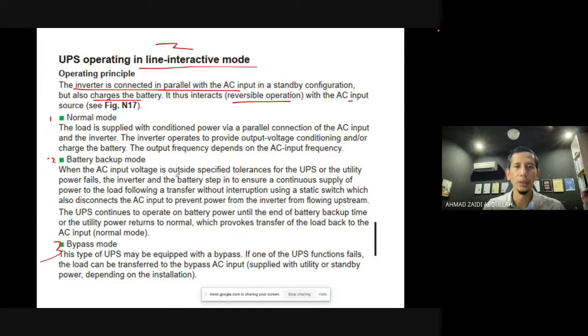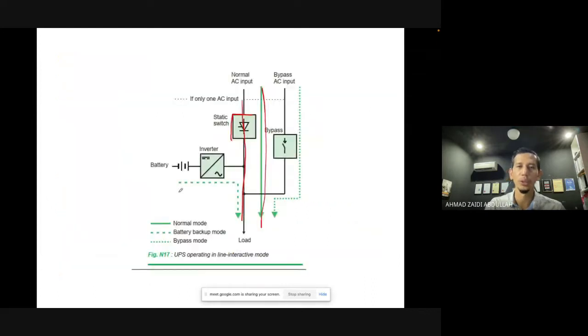So when there is an interruption, the inverter and the battery step in to ensure continuous supply, same as before. So when there is an interruption, the inverter and battery will take over supply. So here there is only static switch control.